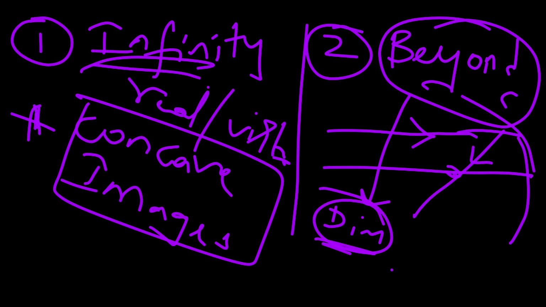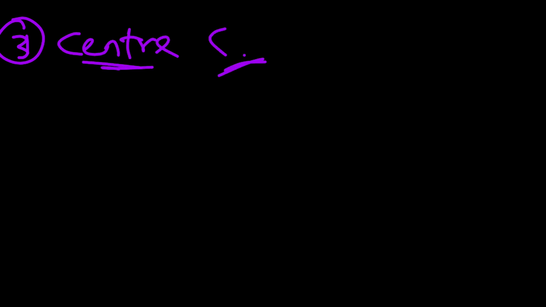Okay, so I'll continue. Let's move on to case number 3. After beyond C, we have to put the object exactly at center of curvature. Third situation, the object is at center C, at C, center of curvature. Let's draw a concave mirror here.